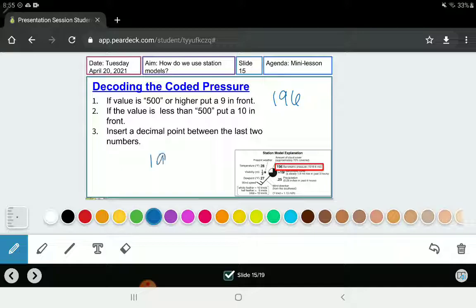It's 196. Because it is less than 500, we're going to put a 10 in front, and then we're going to put a decimal point in between the last two numbers. And this is measured in millibars. I can't explain to you why they do this, but this is what we do.